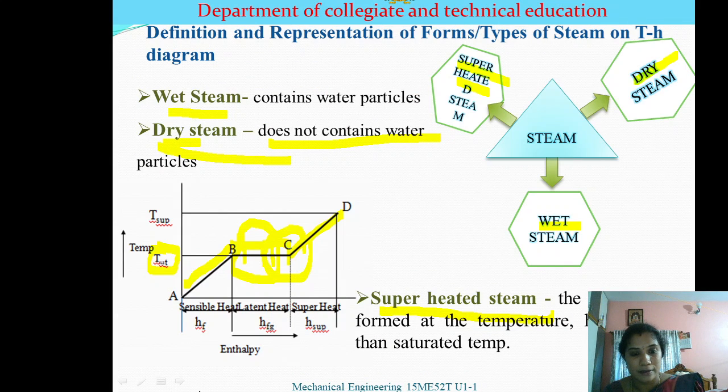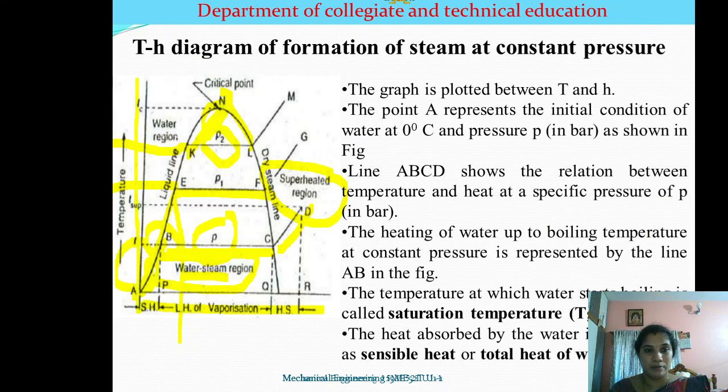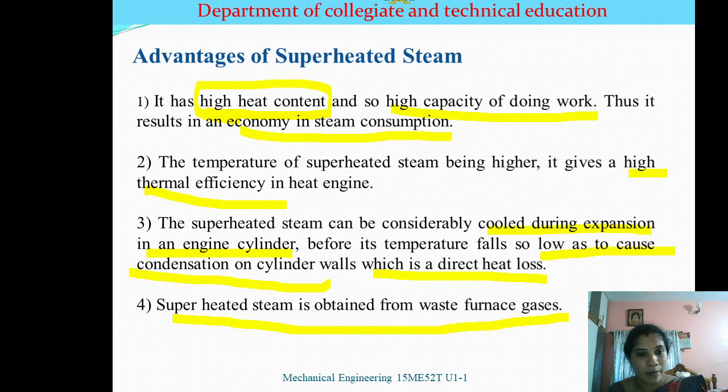You have to write the TH diagram on a sheet of paper and upload it. That will be your assignment for today's session. You have to collect the other advantages of superheated steam. So today's assignment will be two things.